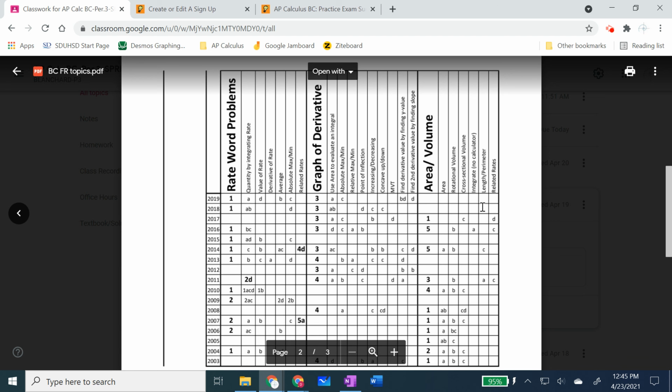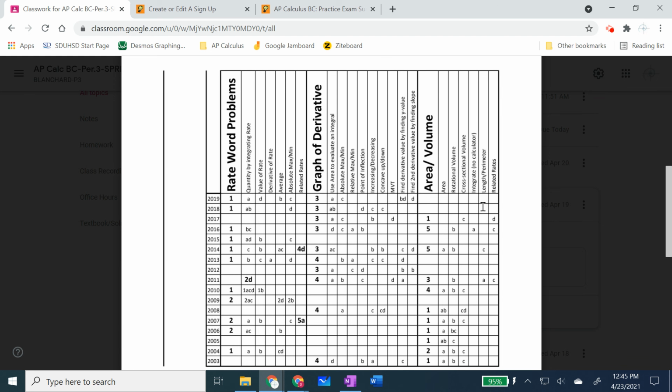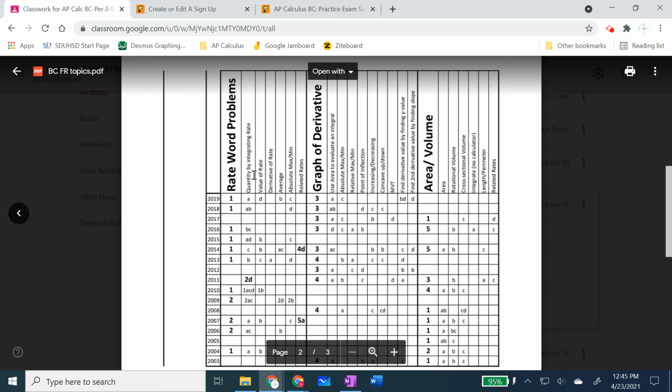If it has find the perimeter or find a length of a curve, then it's actually a BC problem. The rest of these tend to be the problems that are shared with the AB test, and they share 3 of them. The real AP test is Mustang Commons. My practice is going to be in my classroom, room 100.